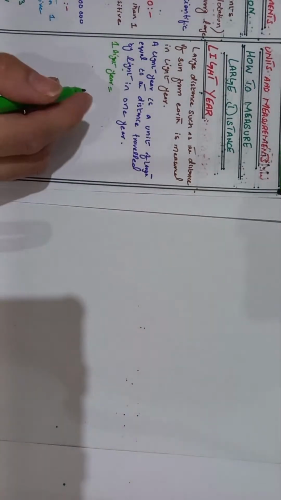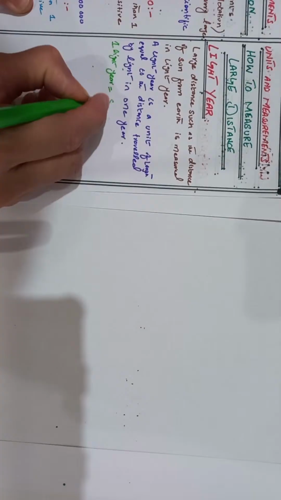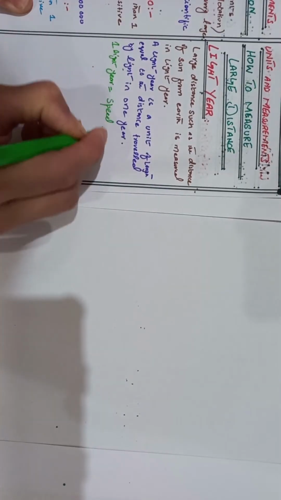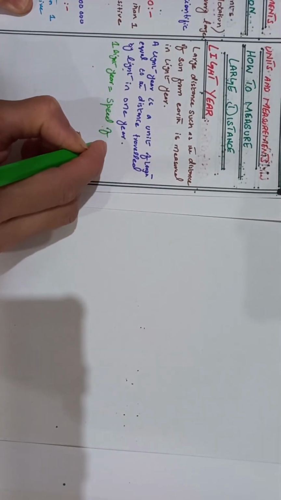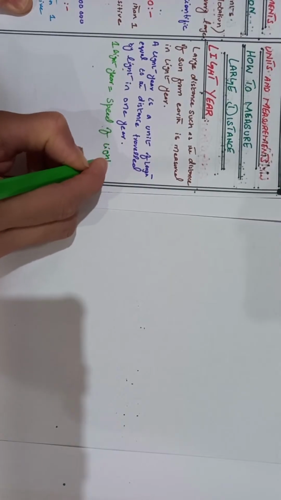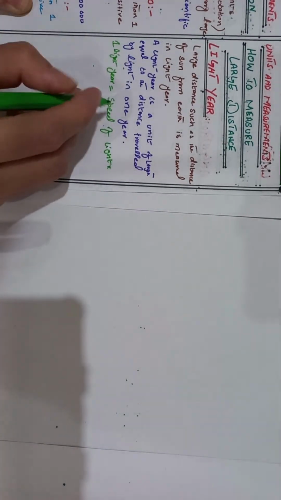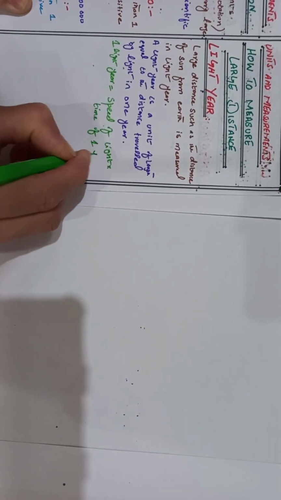One light year is equal to the speed of light multiplied by the time of 1 year. What is the speed of light?